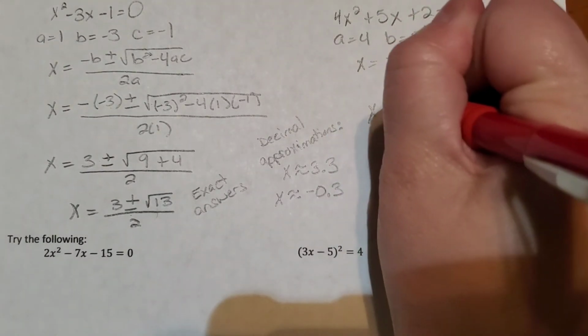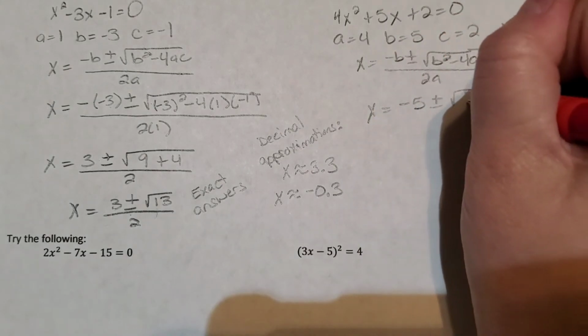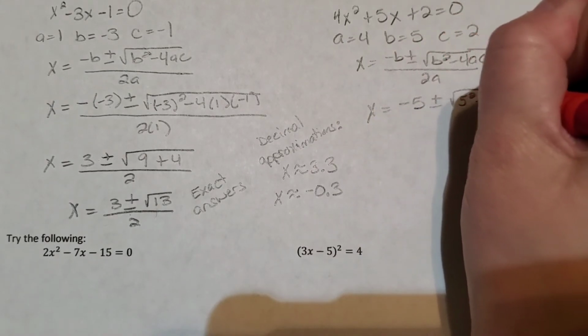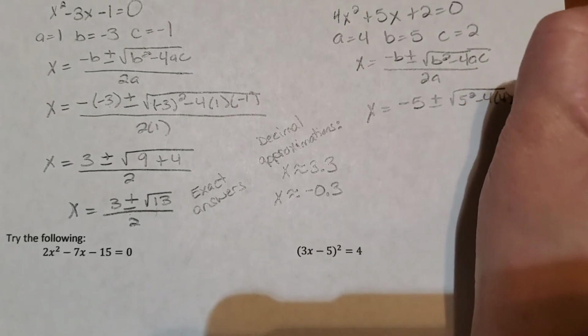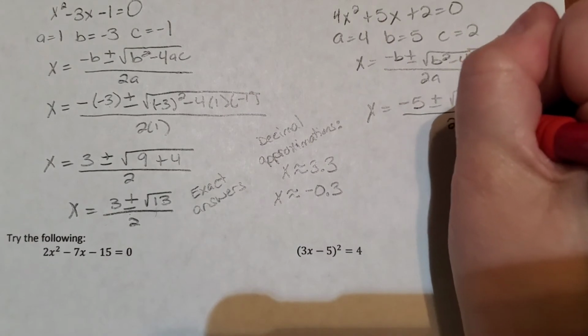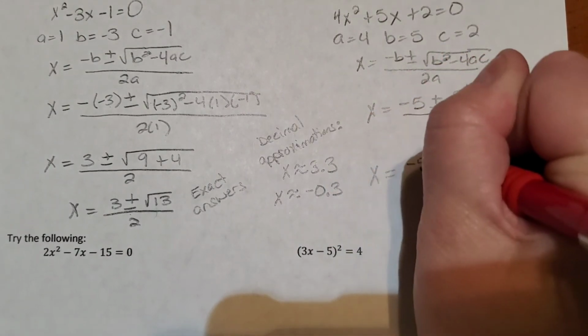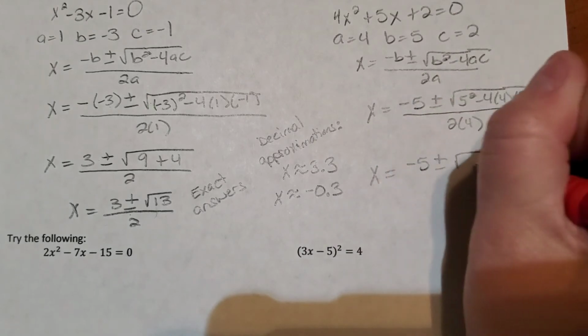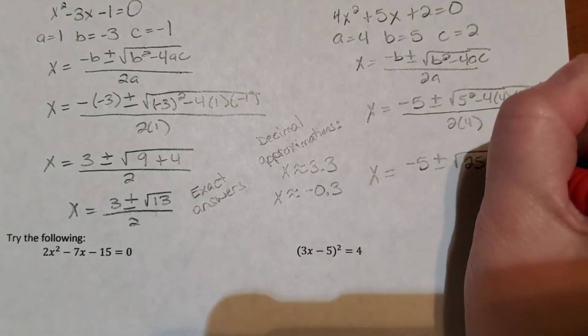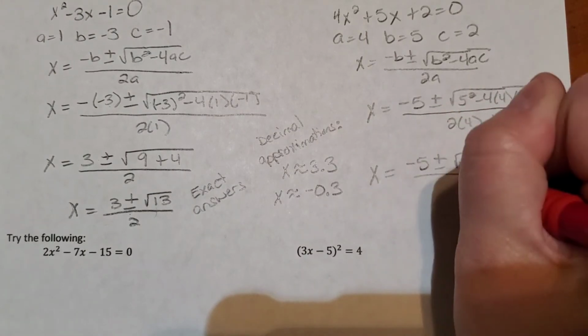Plugging in, we get negative 5 plus or minus the square root of 5 squared minus 4 times 4 times 2 all over 2 times 4. Simplifying, we get negative 5 plus or minus the square root of 25 minus 32, all over 8.